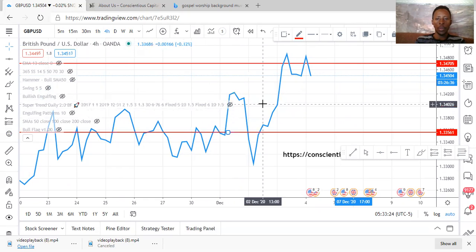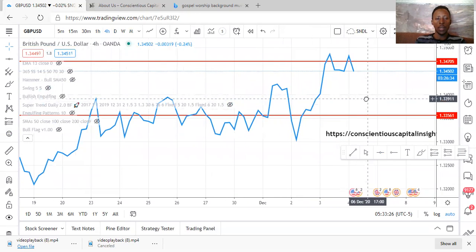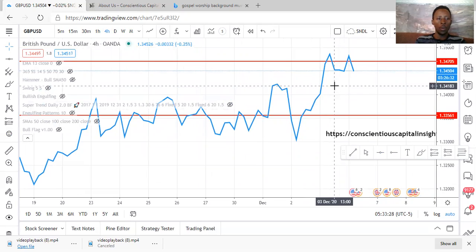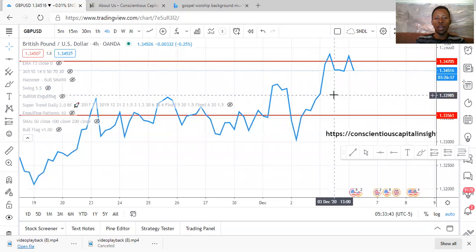Price here has really gone far above the most recent reach. This is a new high, considering the recent price action. So let's try to get some key positions from the 4-hour.